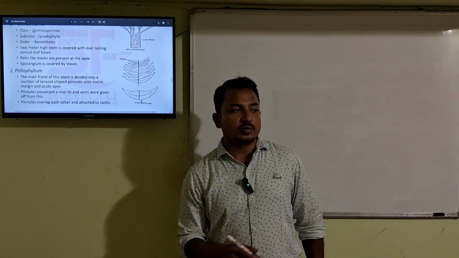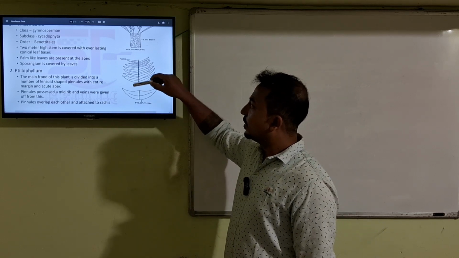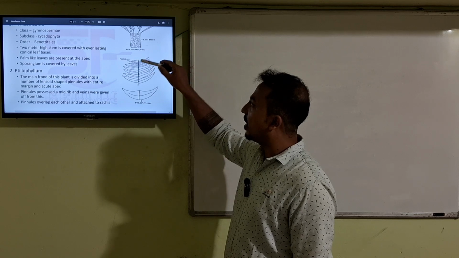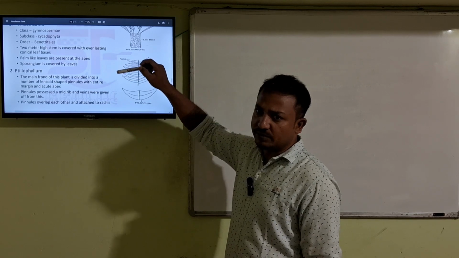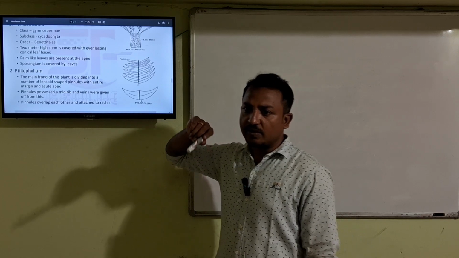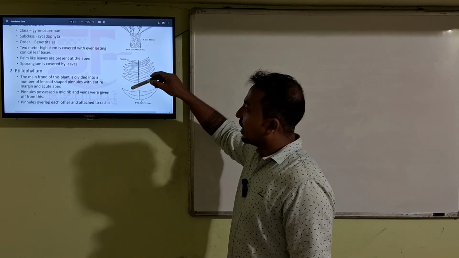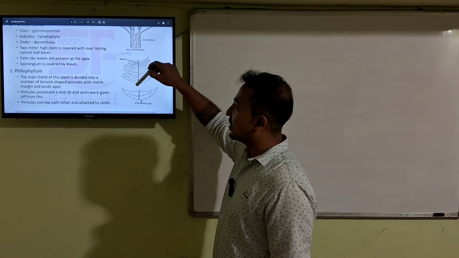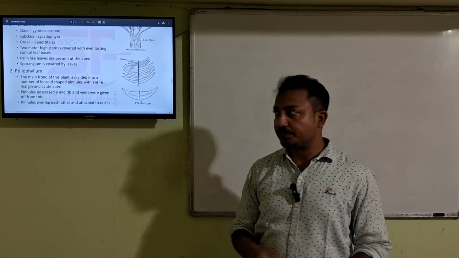Then comes Ptilophyllum. This is the Ptilophyllum. The main frond is divided into a number of lancet-shaped structures called pinnules, or in singular, pinna. They are lancet-shaped pinnules, which have a very acute apex.